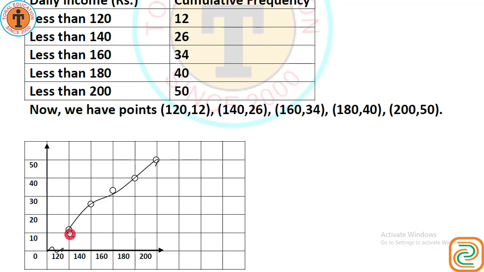So 120 and 12; 140 and 26; 160 and 34; 180 and 40; and 200 and 50. If we draw the graph, it will look like this, an ogive. This is the graphical representation of question number 1.